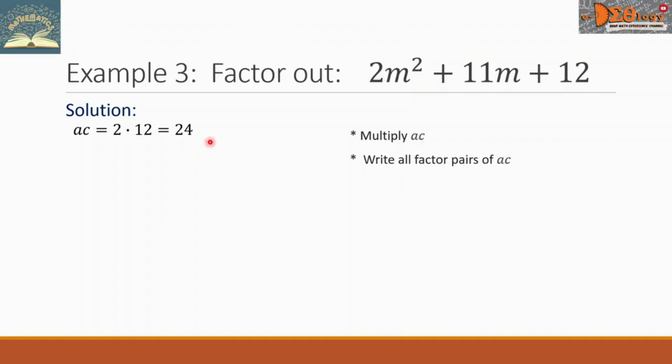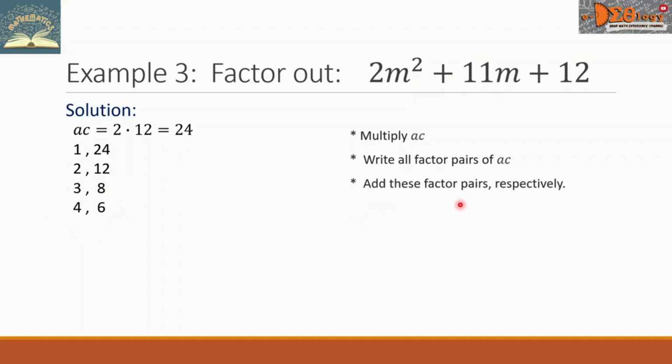That means we also consider the sign of the middle term. The middle term here is positive 11m. So, because this is positive, we will only consider the positive factors of 24. So the factor pairs are 1 and 24, 2 by 12, 3 by 8, 4 by 6.